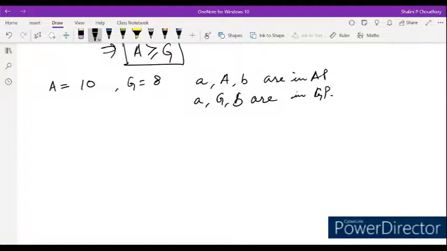Now what we have to find out? We have to find out the values of a and b.